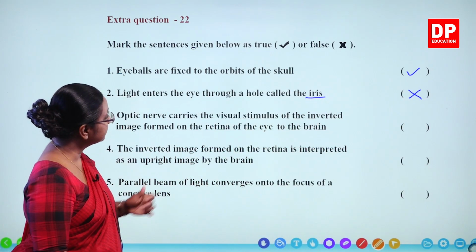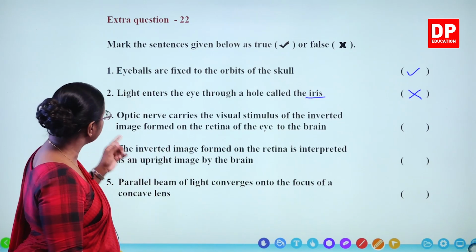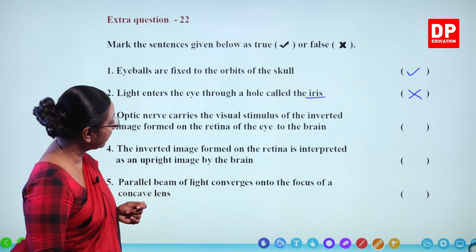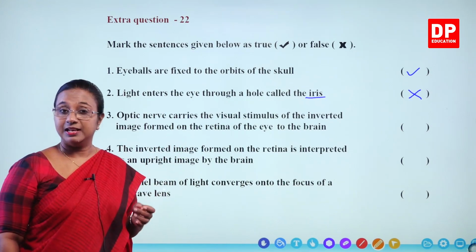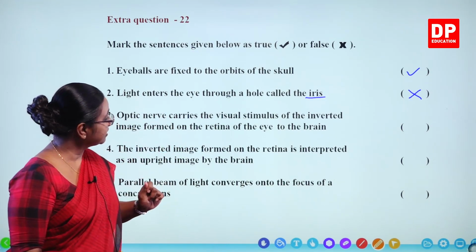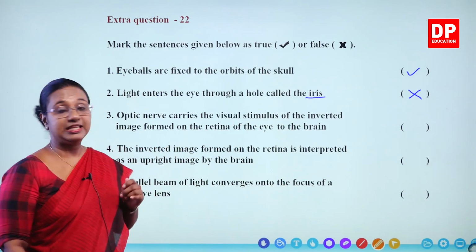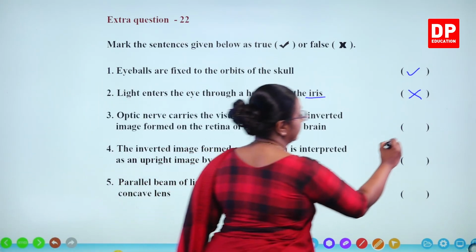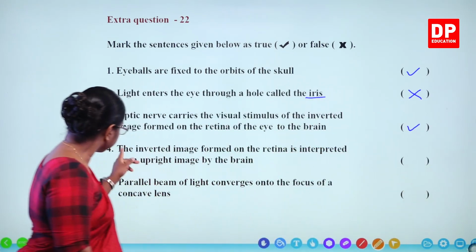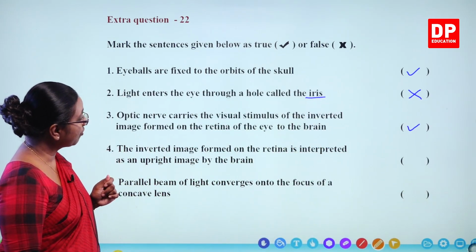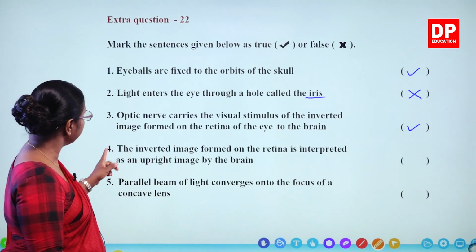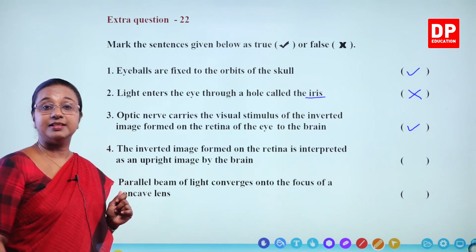Optic nerve carries the visual stimulus of the inverted image formed on the retina of the eye to the brain. That is correct. Optic nerve is the one that carries the visual stimulus and the image formed on the retina is inverted. So that is correct. The inverted image formed on the retina is interpreted as an upright image by the brain.